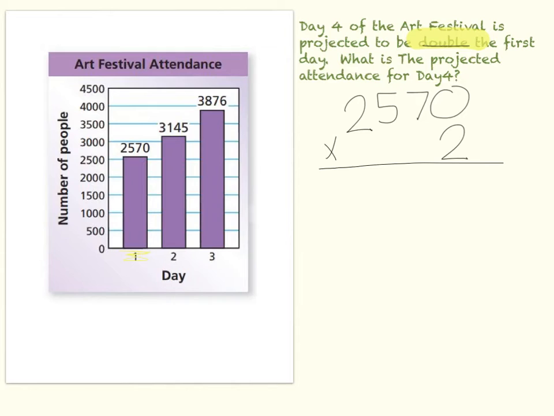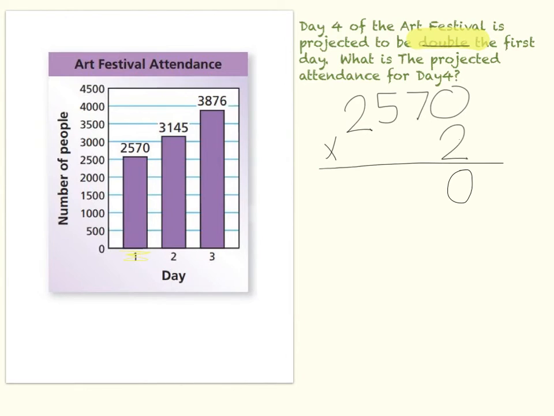Okay, so because we're going to be multiplying, you can record this problem in the multiplication flap of your notes. So when multiplying, we start by multiplying our number in the ones column. So 2 times 0 is 0.